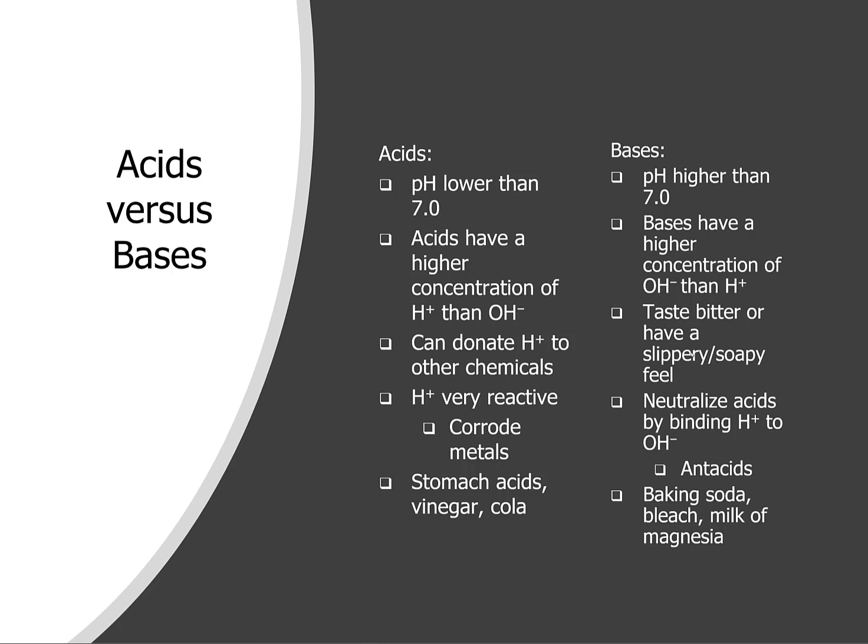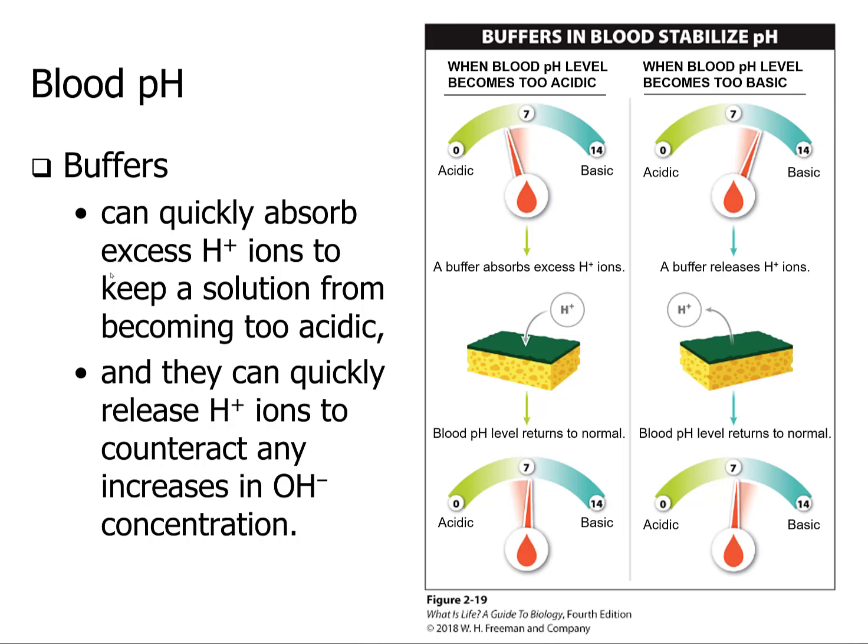They have a bitter, slippery, soapy feel. They neutralize acids by binding hydrogen to the OH, so this forms water. Baking soda, bleach, milk of magnesia, that sort of thing, are examples of bases. I hope that makes sense to you because I'm going to continue.